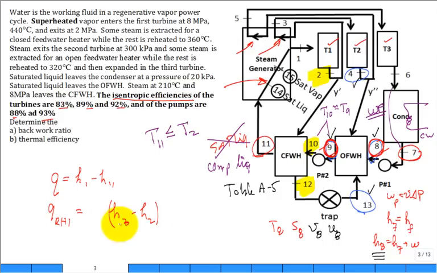That's how much is added. And then if you wanted to correct it to put it on the right per unit mass basis, you would multiply by 1 minus Y1 or Y prime, however your notation is there. It's that fraction. Now it's on the per unit mass basis of what went through the first turbine.